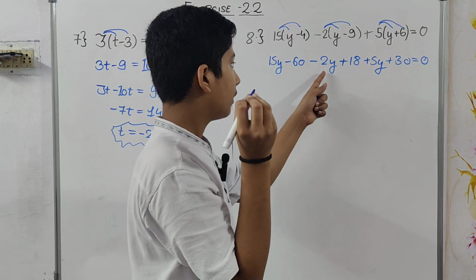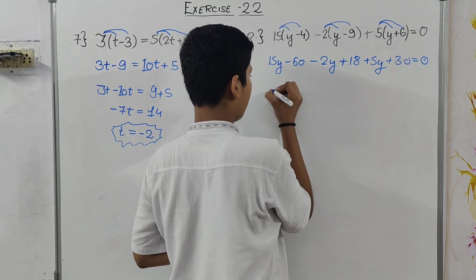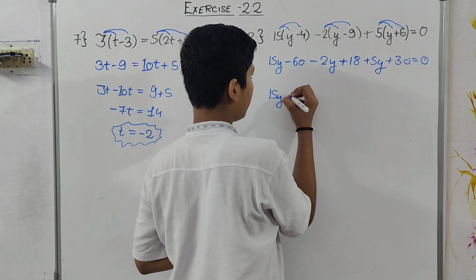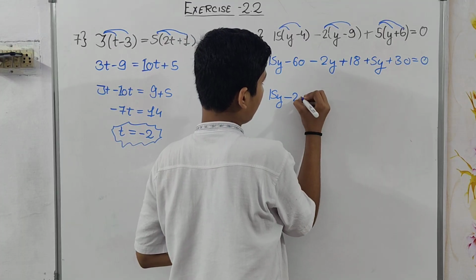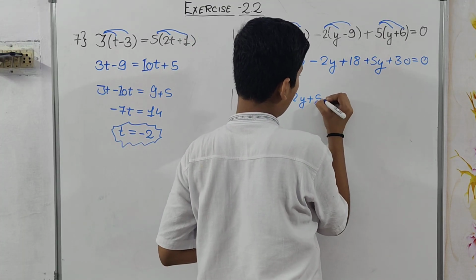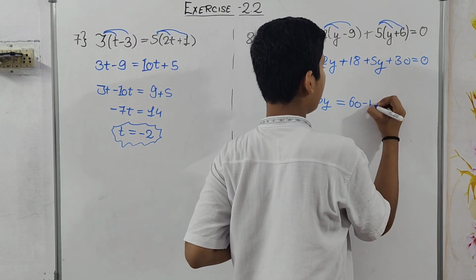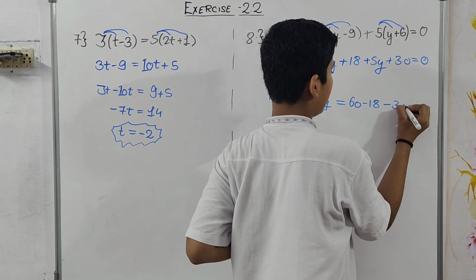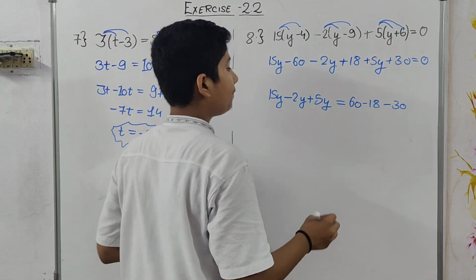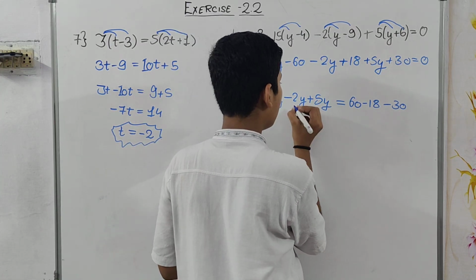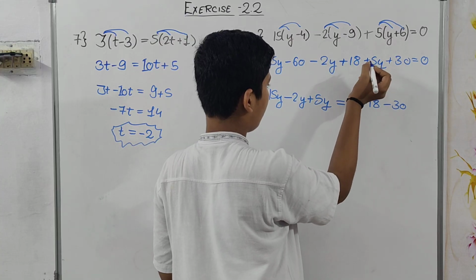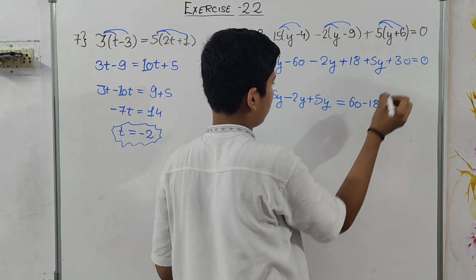So, now we take the terms to one side. 15y minus 2y plus 5y equals 60 minus 18 minus 30. Okay. Now, what we do? This was minus, we sent it there. This also, this also.